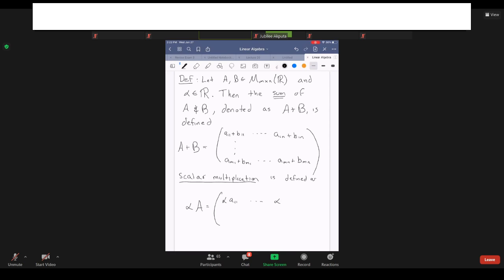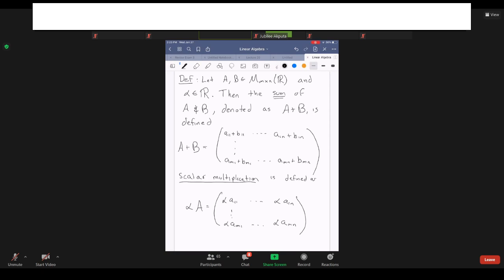All the way to alpha A1n, alpha An n. Okay. Yeah, so this is how we define it, right? It is what it is. We define it this way.